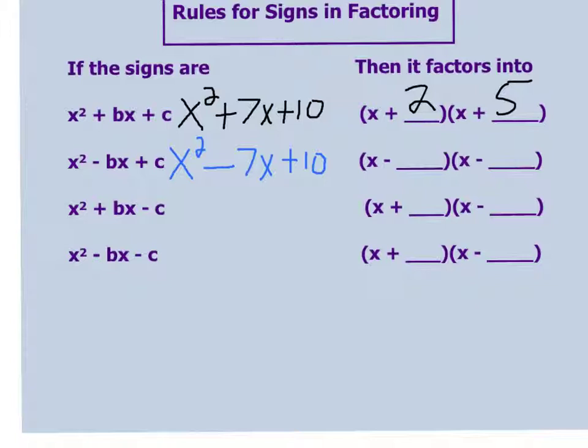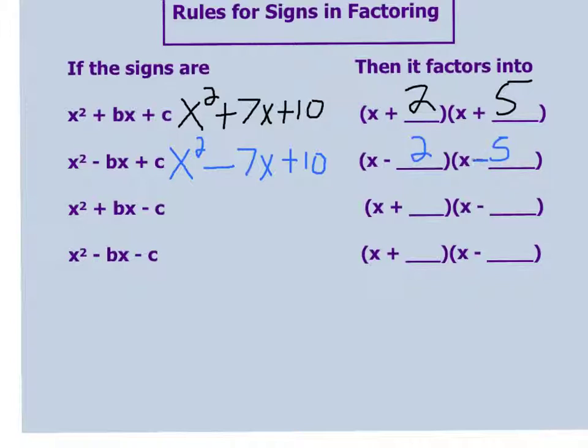Alright, now we have x squared minus bx plus c. So our product is a plus, but our sum is a negative. So we need to say what multiplied to what is 10 but adds to a negative 7. That is going to be a negative 2 and a negative 5.